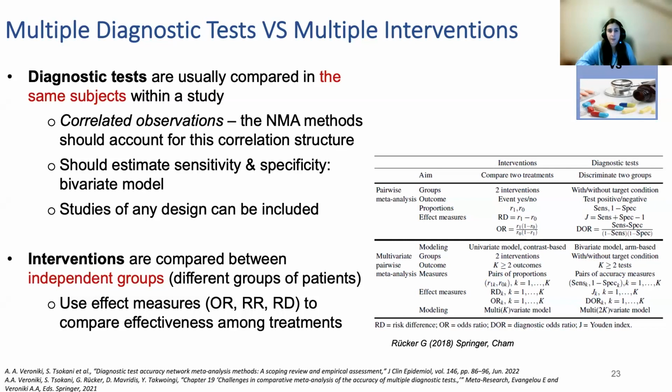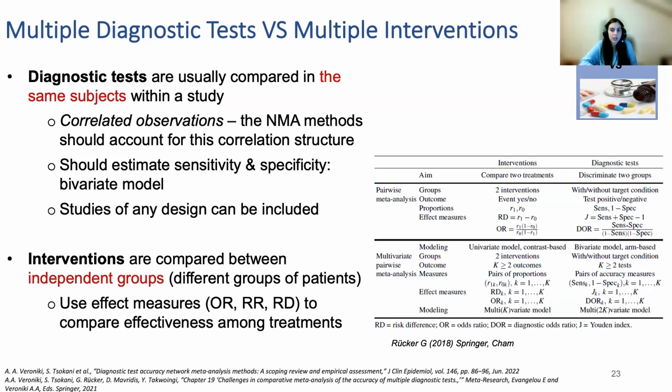So for intervention studies, there is a very well-established background and methodologies, but when it comes to diagnostic test accuracy, there is less established precedent to extend it to test accuracy comparisons. So a reasonable question would be, why not use the very well existing network meta-analysis models for interventions and apply them directly to diagnostic tests?